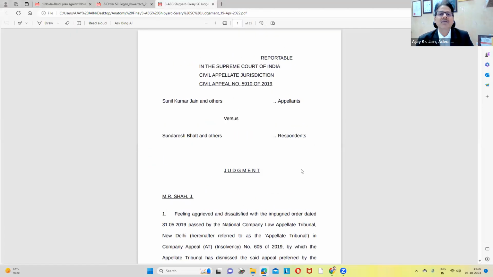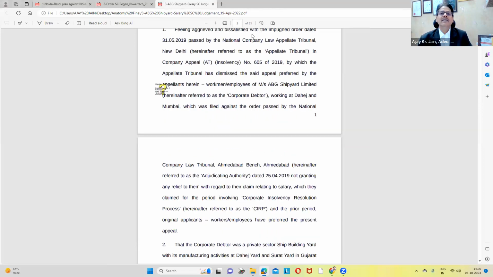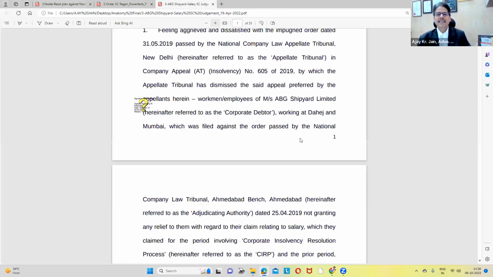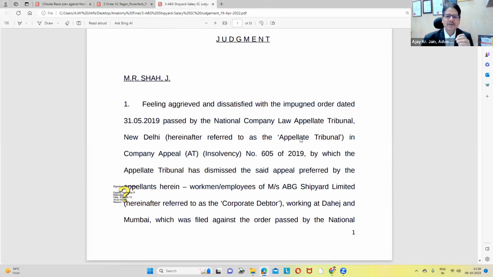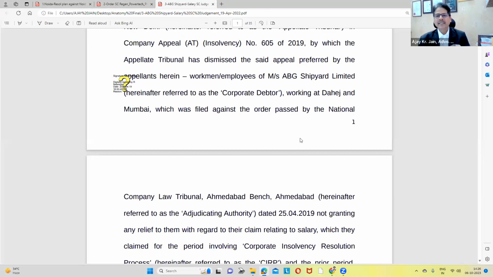Kumar Jain and others, Honorable Supreme Court, Sundaresh Bhatt and others. Here, ABG Shipyard was in liquidation and some employees or workmen worked with the CD. During the CIRP period, they filed their claim before the RP or IRP pertaining to prior to the CIRP period and post CIRP period also.